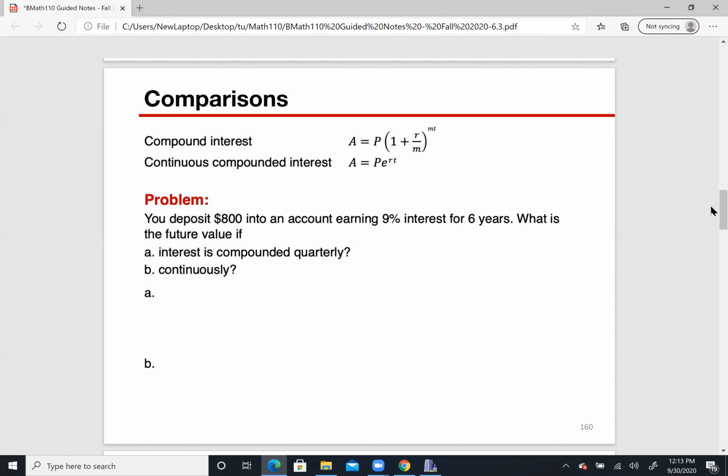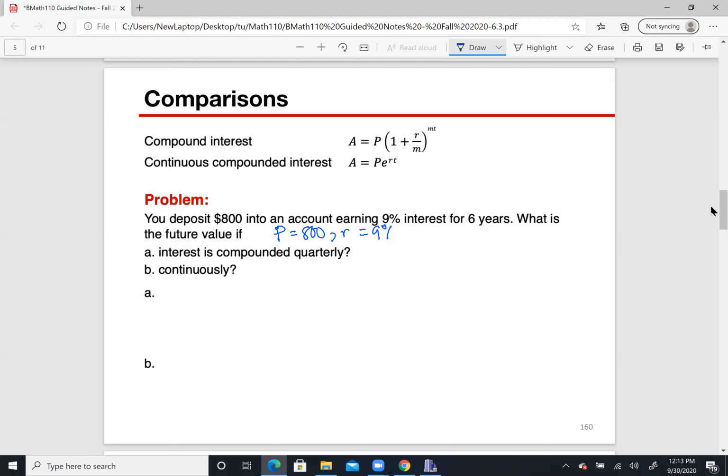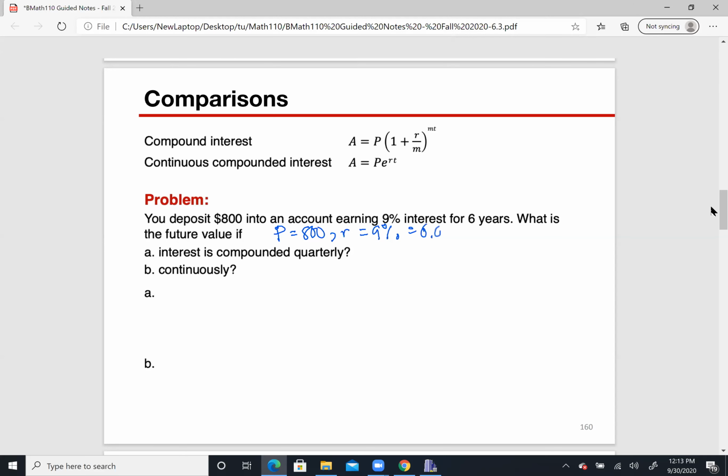We deposit 800, so let me note that P equals 800. Also we have a rate of 9%, which means 0.09. And then for 6 years, so T equals 6.